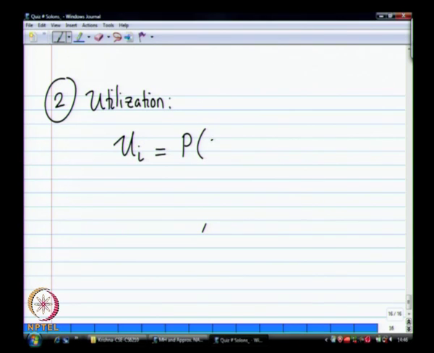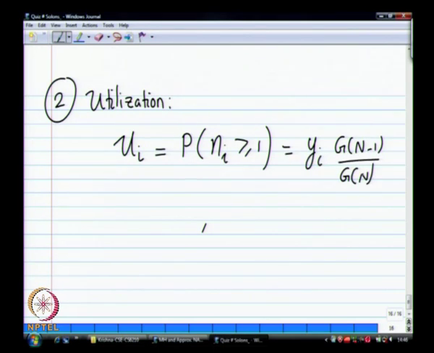So what is that? n_i is greater than or equal to 1, right. So we already know that. That is simply y_i to the power 1, times G of N minus 1 by G of N. So utilization is now derived from this.